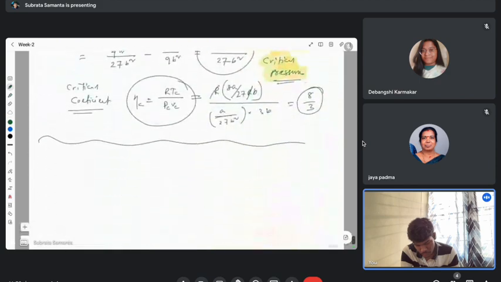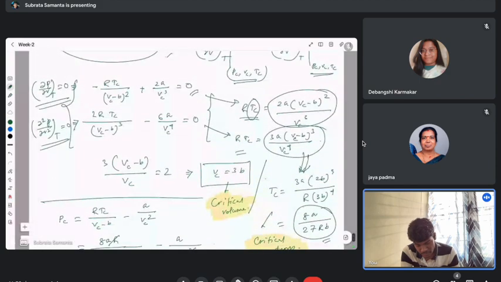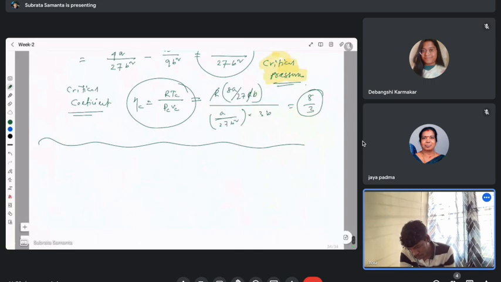So okay, one more point is what are a and b? a and b are constants.